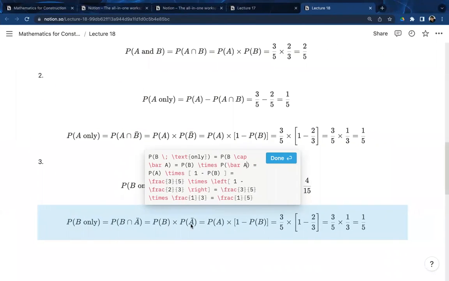So here, B has to happen and that's what the intersection is, and A has to not happen, right? Because they say B only. So A cannot happen. So for sure, A complement has to happen. Multiplying these things, this is P(B) by 1 minus P(A). P(B) is 2/3 and P(A) is 3/5.